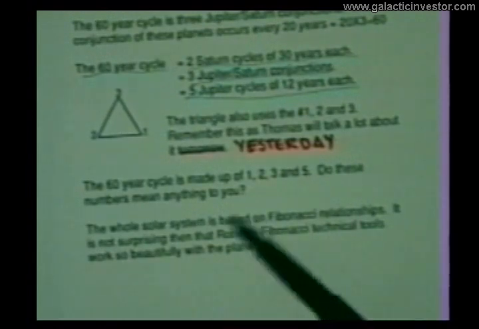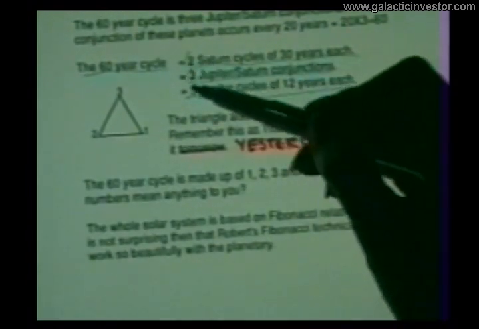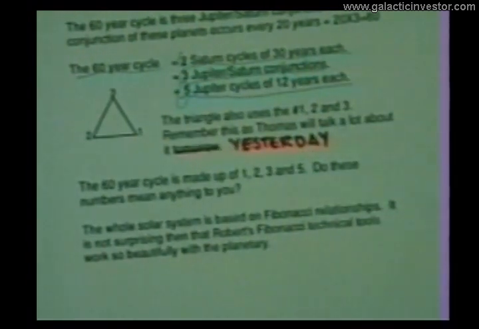And here again, we're setting up the 2, 3, 5, and we're getting into Fibonacci numbers related to market things and related to planetary things. So this is very, very important, and this is the reason why Robert's tools work so well, because the Fibonacci numbers are very, very prominent in everything that we're doing.